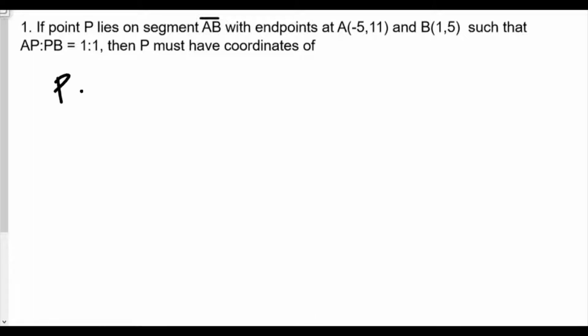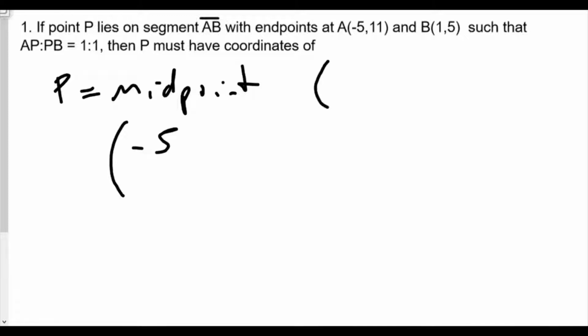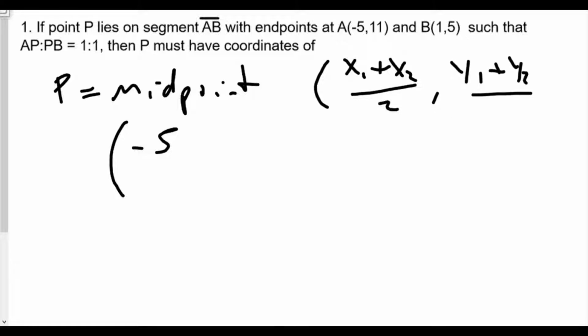So P equals midpoint. Here we use the midpoint formula, which is very similar to what we're doing, but we'll see later on how it's a little bit different. The midpoint formula is (x1 plus x2 over 2, comma y1 plus y2 over 2).